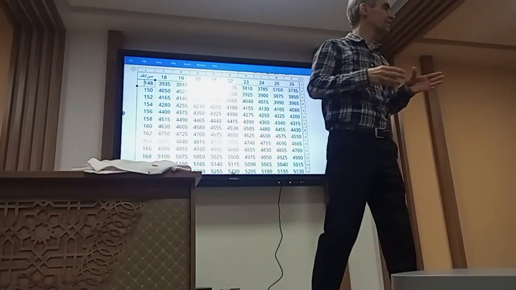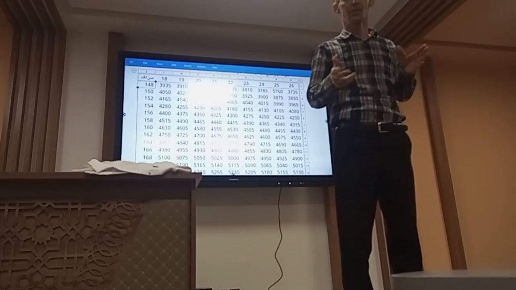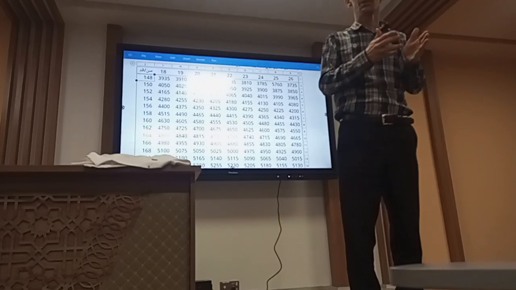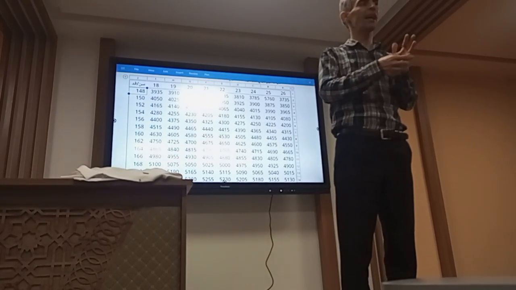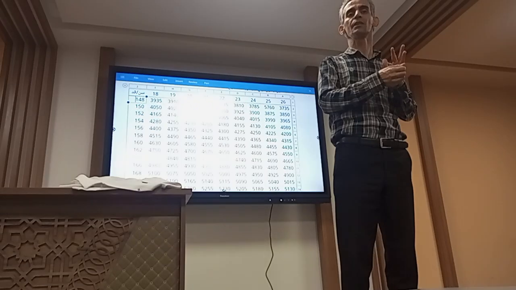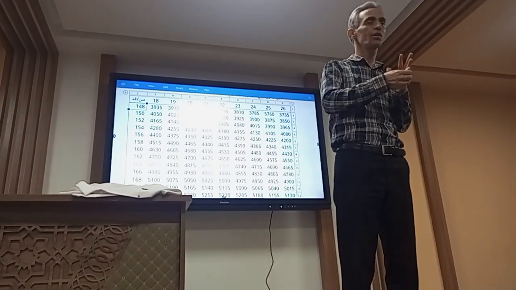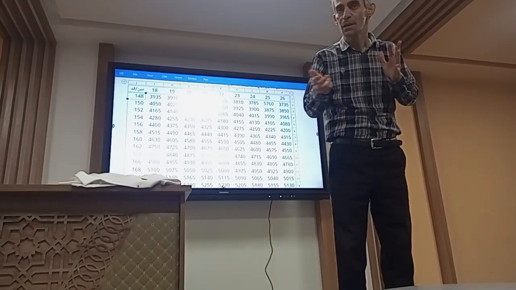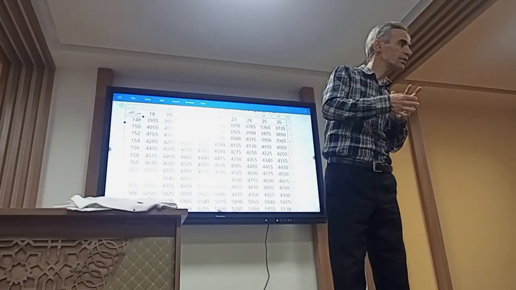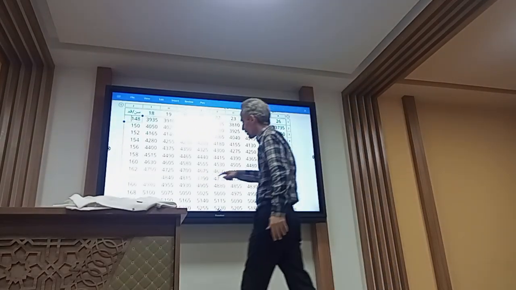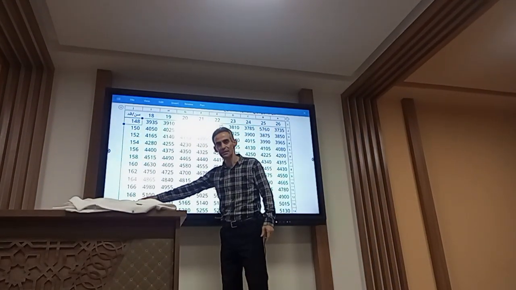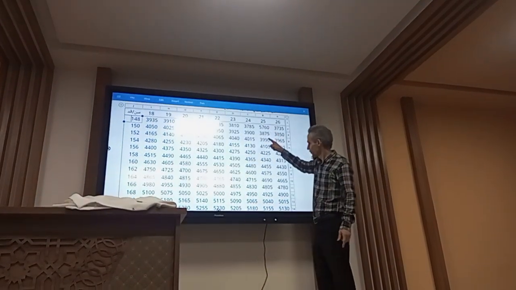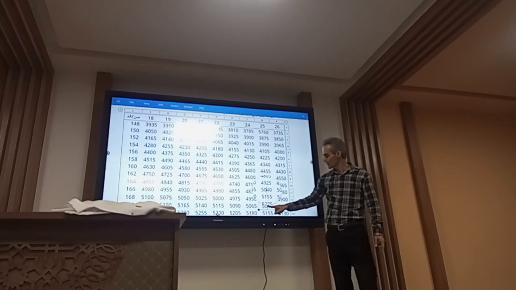For example, you calculate the vital capacity of a male patient. This male patient has an age of about 25 and a height of about 170. The sex is man and the height is 170. At first, 170 is this, and 25 is this.